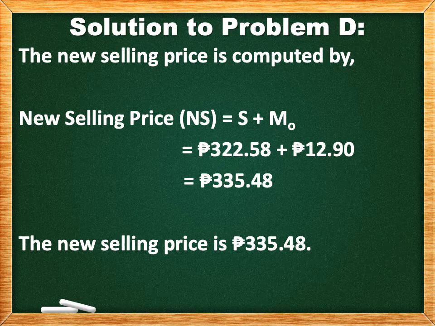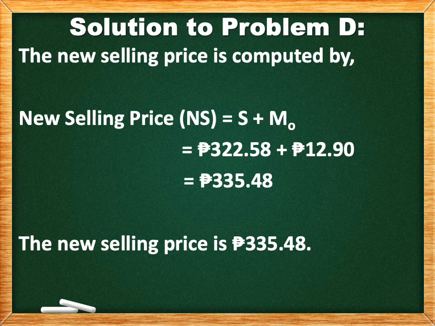Solution to problem letter D, the new selling price is computed by new selling price equals selling price plus the mark-on. So the selling price is 322 pesos and 58 centavos plus the mark-on of 12 pesos and 90 centavos. Therefore, our new selling price is 335 pesos and 48 centavos.